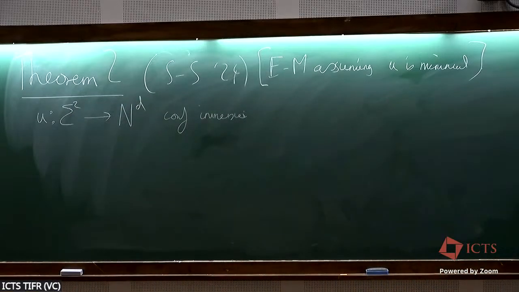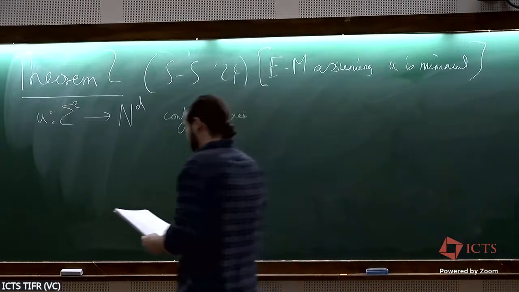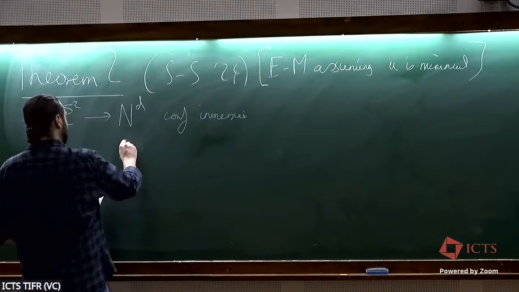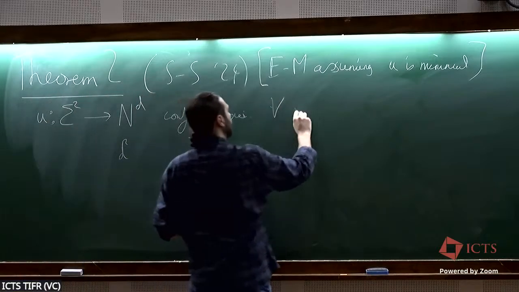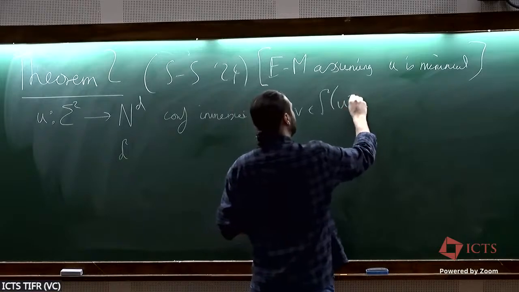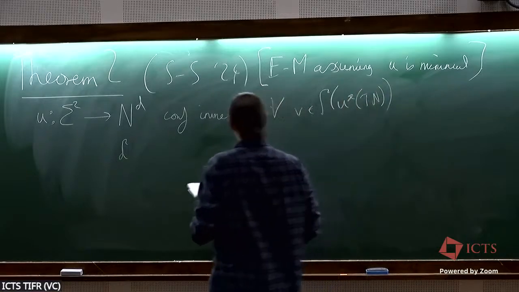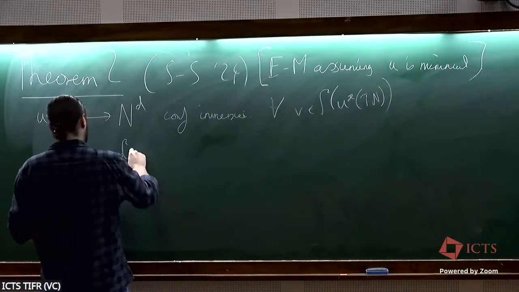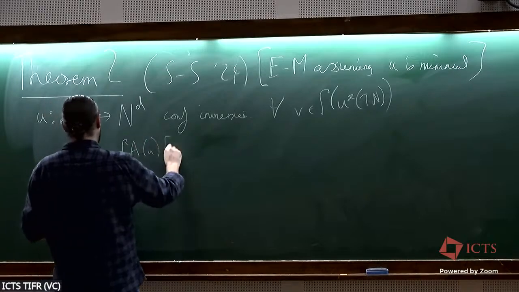As we know, for an arbitrary conformal map, the area and energy agree up to first order, and they're related up to second order by the following. So the Hessian.